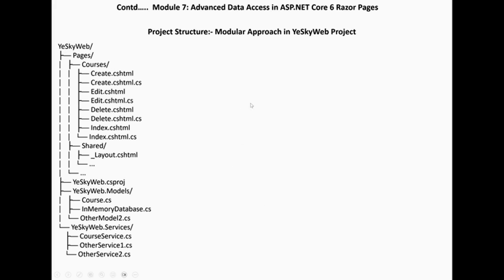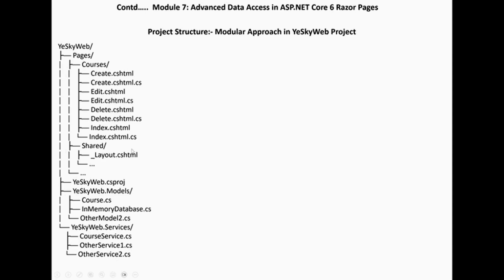So the project structure that we have is a modular approach in the Skyway project. What we mean by modular approach: if you see this page, we have the Pages folder, which will have all the other pages in different folders under Pages. For instance, for the courses, we have a folder. For the threads, we will have another folder.